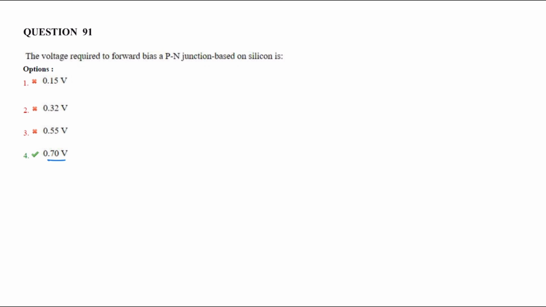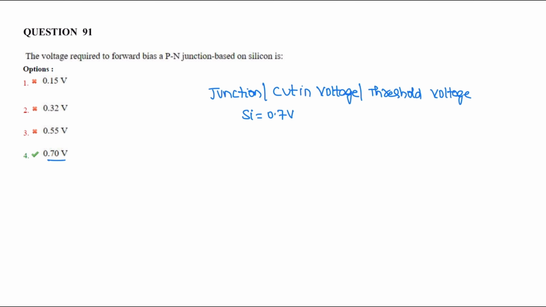So the junction voltage, or cut-in voltage, or threshold voltage for silicon is 0.7 volts. For germanium it is 0.2 or 0.3 volts. So here the correct option is 4.